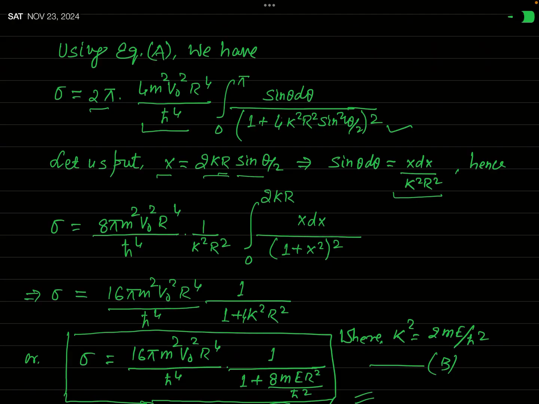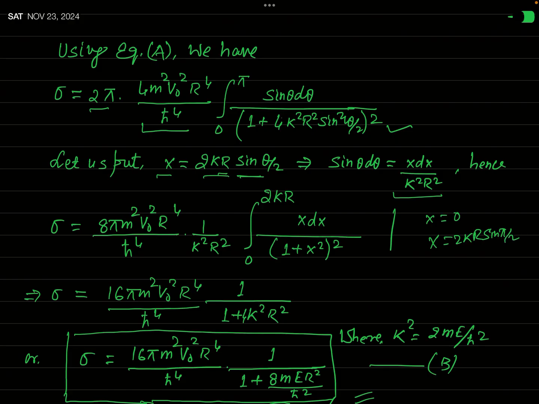Using this value and taking the proper limits: when theta is 0, what will x be? x will also be 0, because sine 0 is 0. And when theta is equal to pi, x will be 2kr times sine pi by 2.